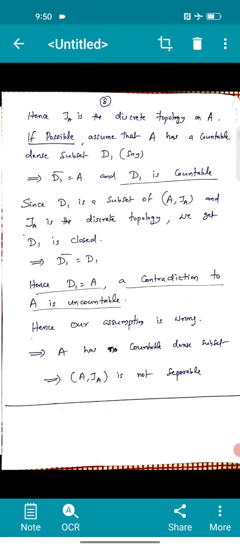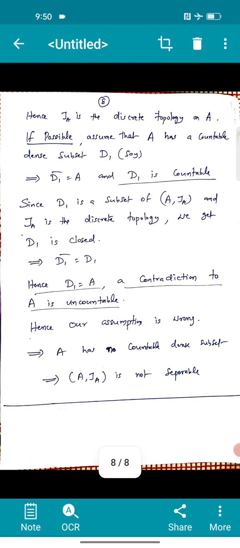D1 is closed means D1-bar = D1. We have already got D1-bar = A. Therefore D1 = A, a contradiction to A is uncountable. Hence our assumption is wrong, which implies A has no countable dense subset, or (A, tau_A) is not separable.